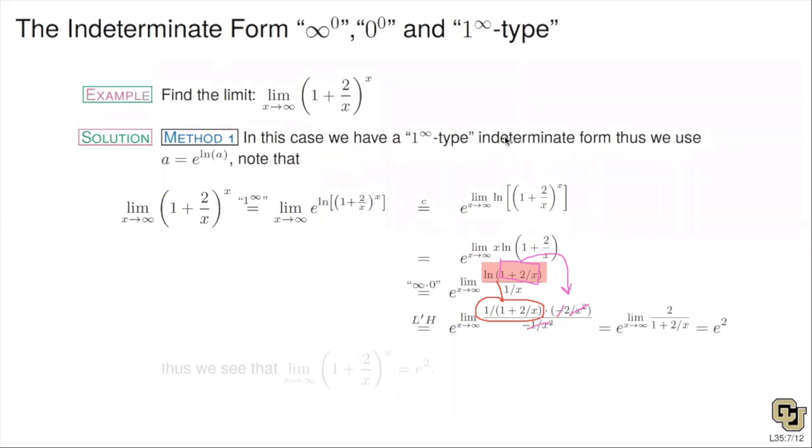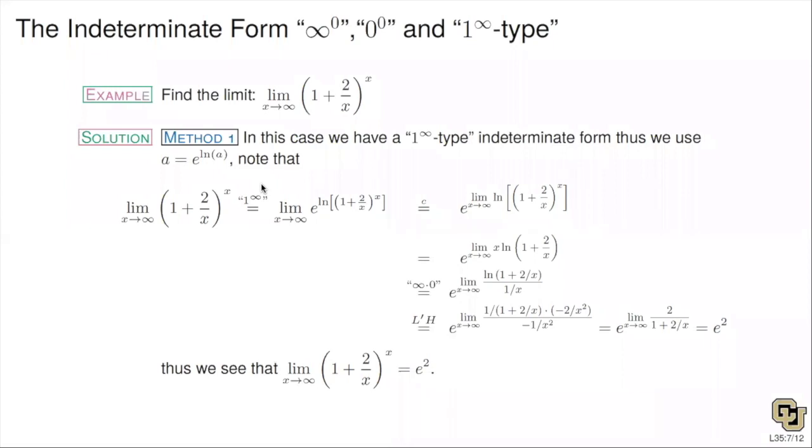Multiply that through, and now take the limit. Remember, this is all happening in the exponent. That's how this is different from any other problem we've done. The 2 over x, as x goes to infinity, goes to 0. So you get e raised to the 2 divided by 1 plus 0, or just e squared. So that's my final answer here: the limit, I conclude, is e squared. It converges to e squared.